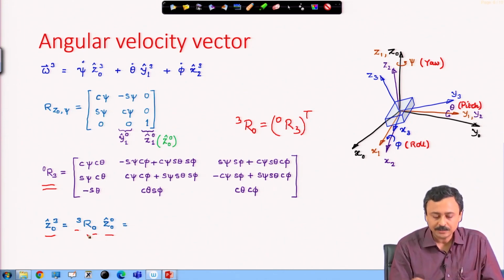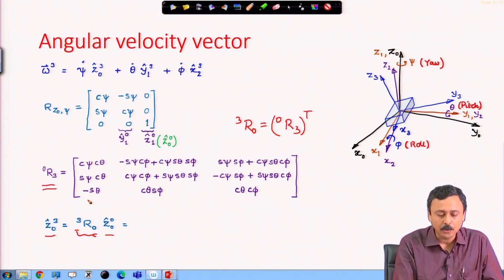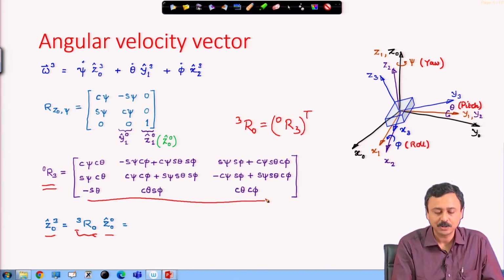What does it do? It filters out the 3rd column of this matrix, and the 3rd column of this matrix is nothing but the 3rd row of the other matrix, because the transpose of this matrix is that matrix.